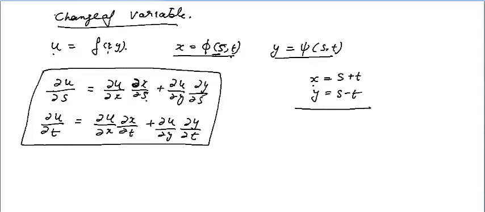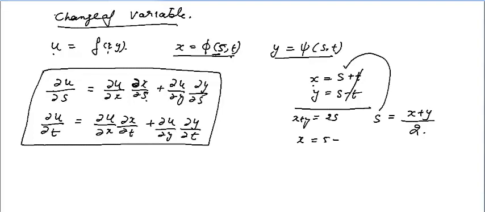When you add them, t cancels and you get 2s equal to x plus y, so s is equal to (x plus y) by 2. Correct? And similarly, if you subtract them, or put the value of s here, you can get the value of t.